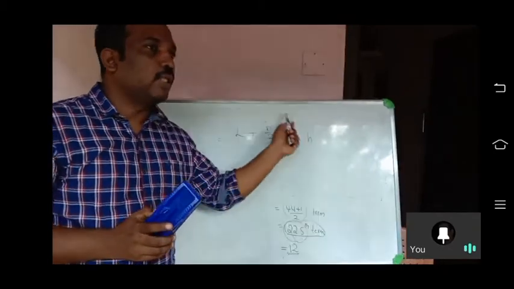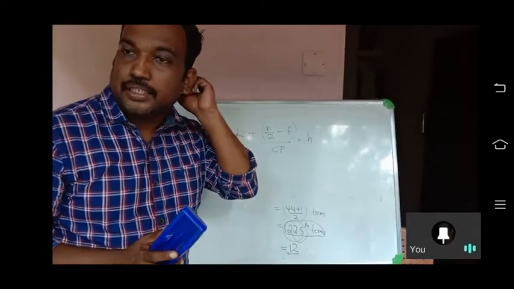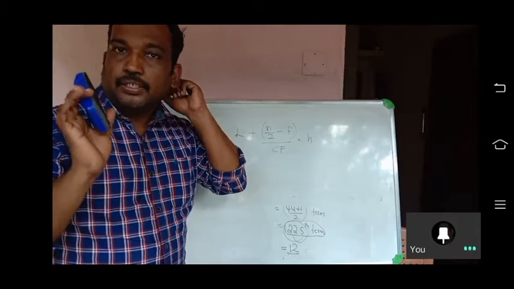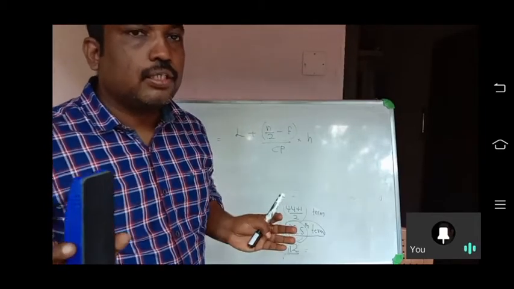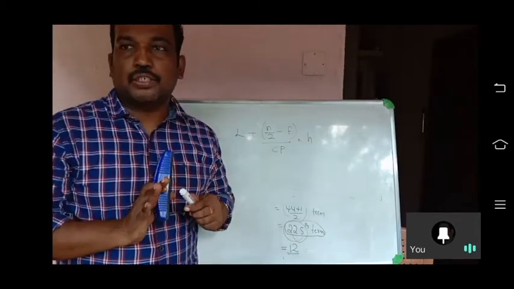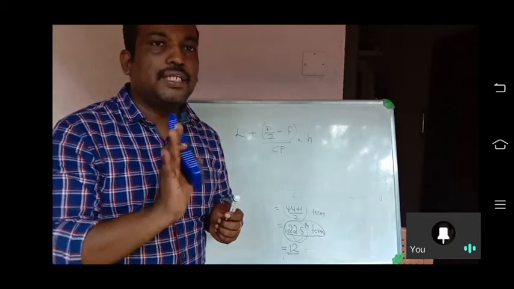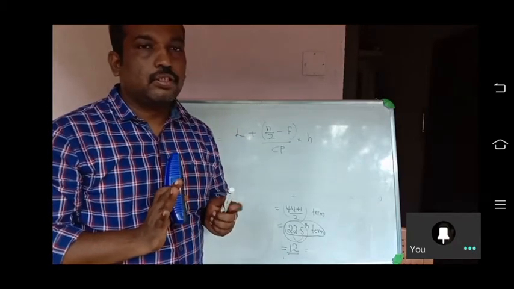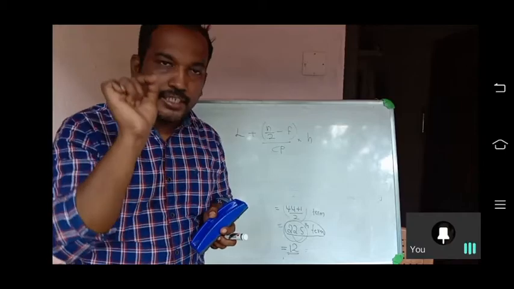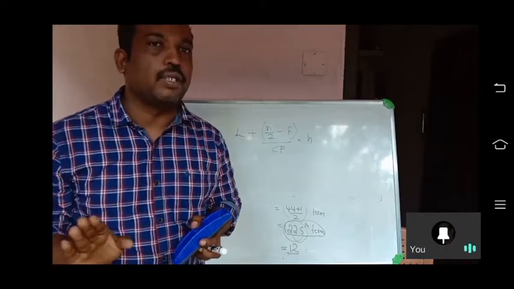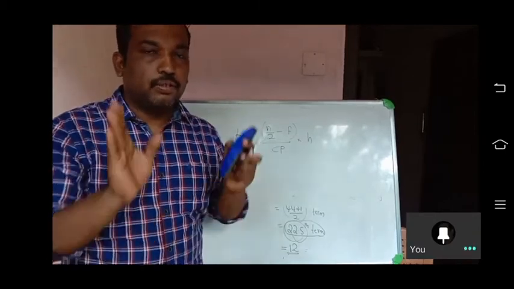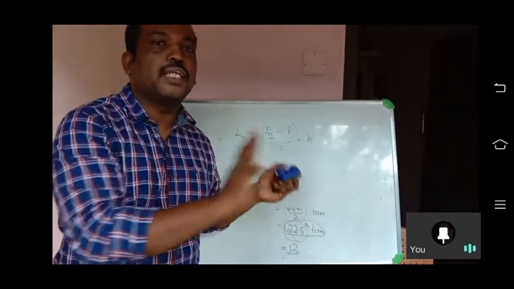This is the formula we used in CBSE 10th to find the median. But you don't use any of this formula, even if you get a question to find the class where the median lies, or even find the median. You just find the class in which the median lies.